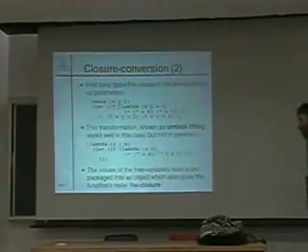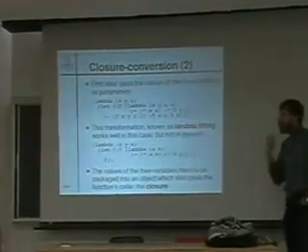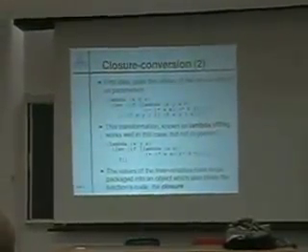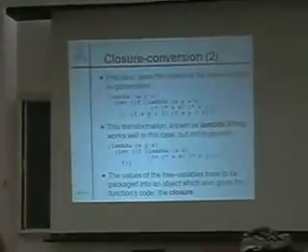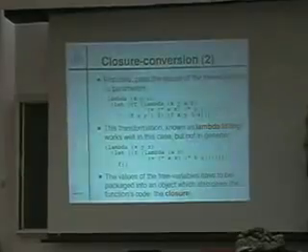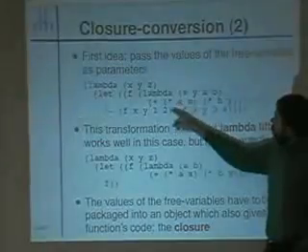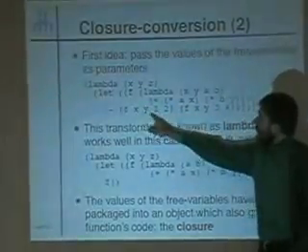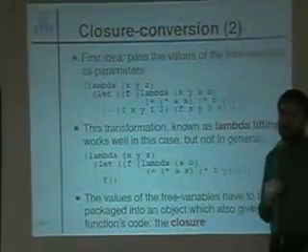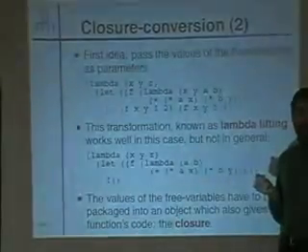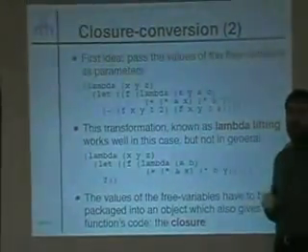So I'll present two ideas of how this can be solved. The first isn't a general solution, but it works well in particular cases. And it's called lambda lifting. And the idea is basically that you take the free variables of the function you're calling, and you pass them in as parameters.